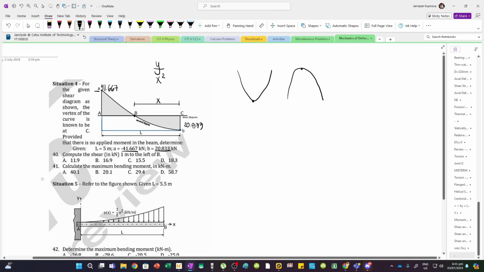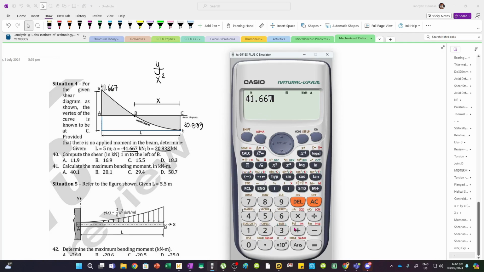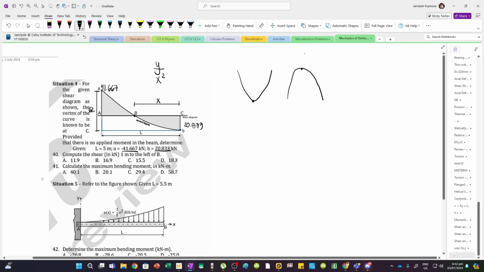Adding both, the height of this whole spandrel will become 41.667 plus 20.833, which is 62.5. Therefore, for the ratio and proportion, we have 62.5, the whole height, to a base of L. Now L is given, it's 5 meters, so this is divided by 5 squared. Again, we're going to square the distance along x.